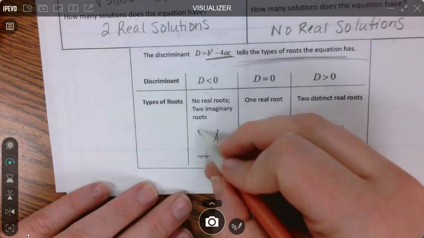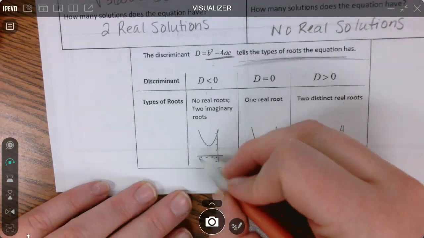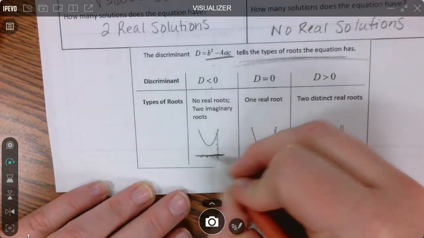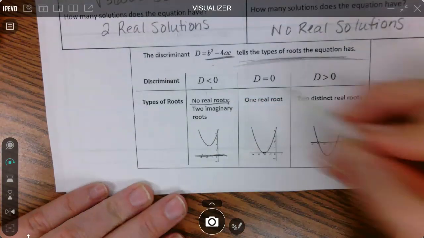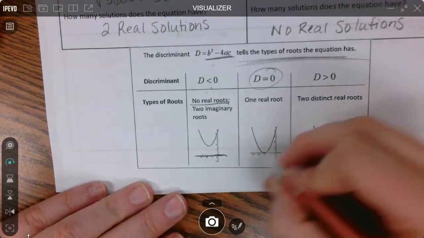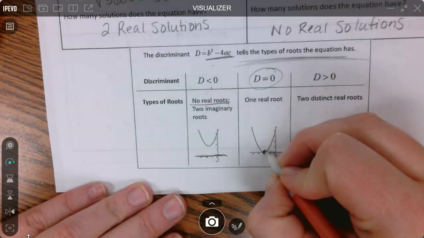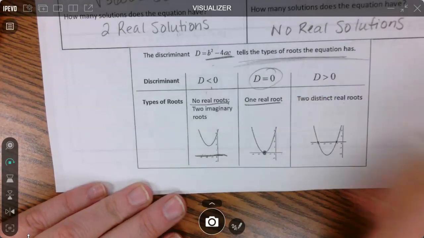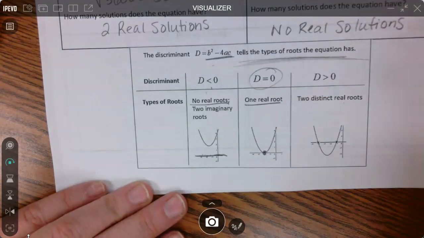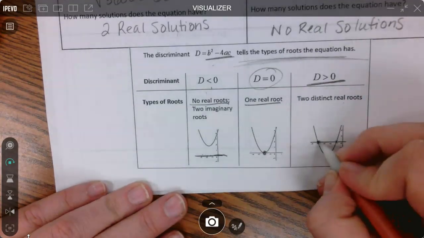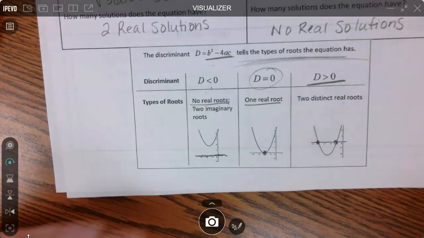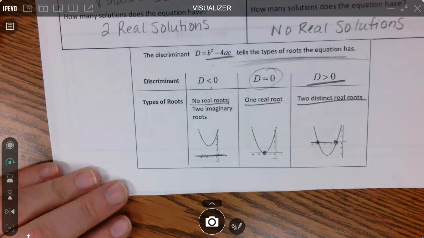That means your quadratic does not cross the x-axis at all. If d is exactly 0, it's going to cross the x-axis in one spot, meaning there's one real root. And if d is greater than 0, meaning it's a positive number, it's going to cross the x-axis in two spots, giving you two distinct real roots.